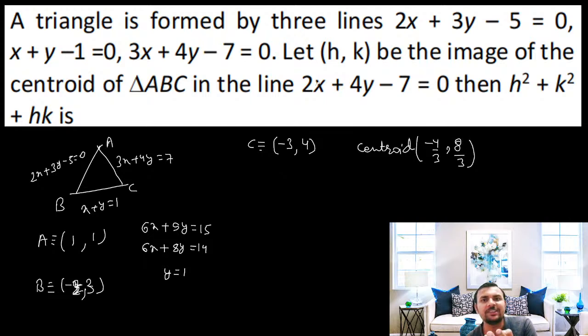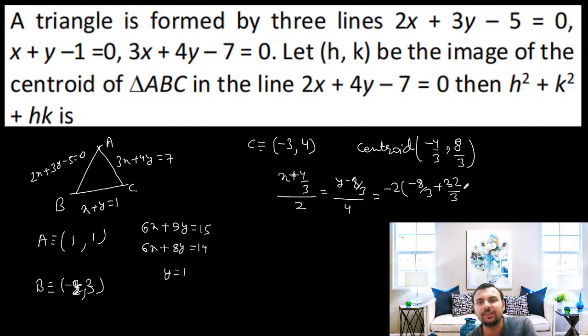So image of this in this line, x minus x plus 4 by 3 by 2, y minus 8 by 3 by 4 equal to minus 2 times of minus 8 by 3 plus 32 by 3 minus 7 equal to 20. We can get x and y.